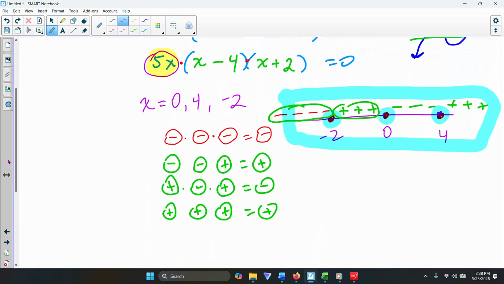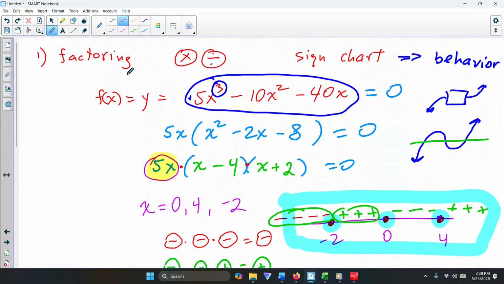Okay, so to recap or reemphasize, the goal there will be to create a sign chart. But in order to create a sign chart, you must be pretty good at just basic factoring, which of course means you must be pretty good at just multiplication and division tables. That can't slow you down.